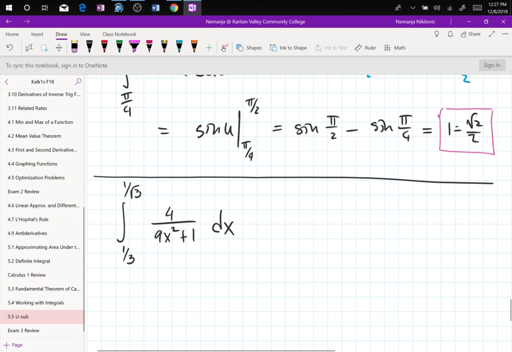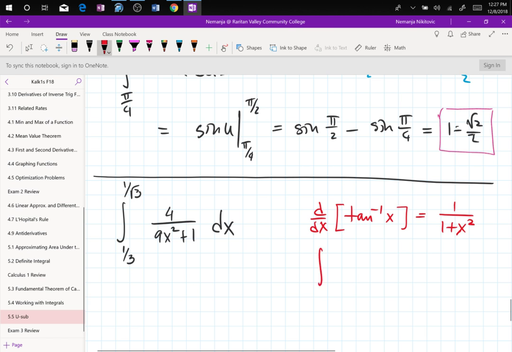So the prerequisite knowledge here, written in blood, is that the derivative of the inverse tangent is 1 over 1 plus x squared. This is the formula that is there.